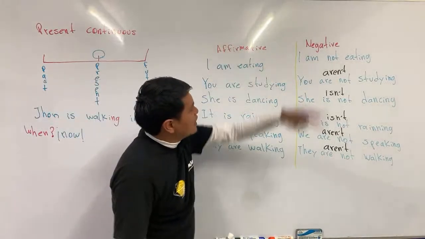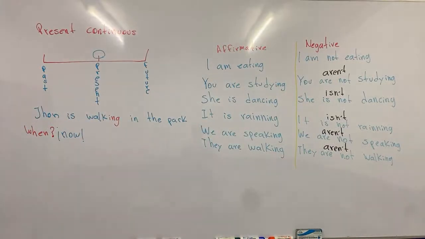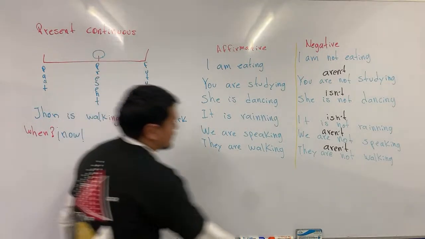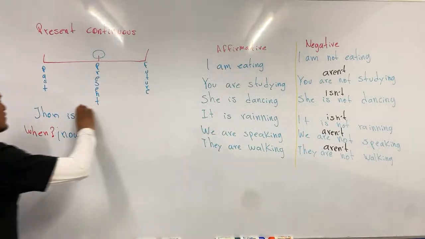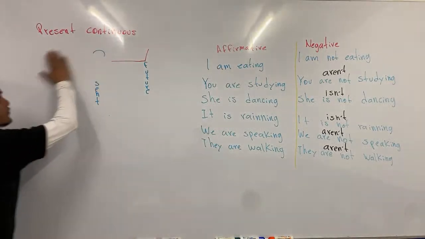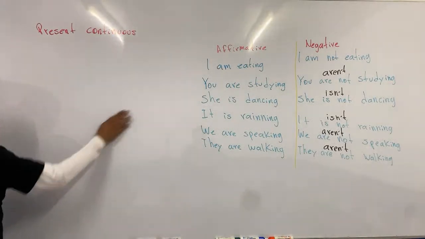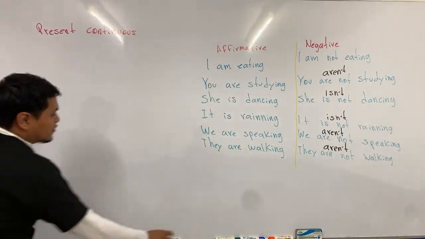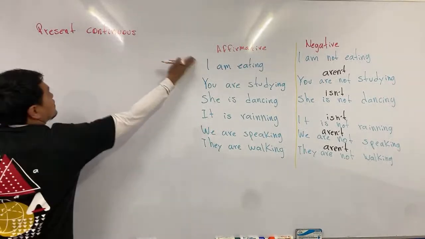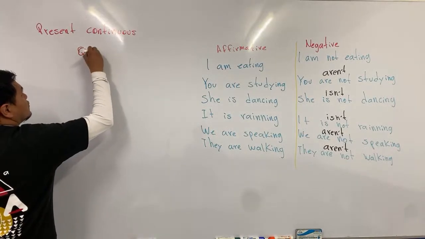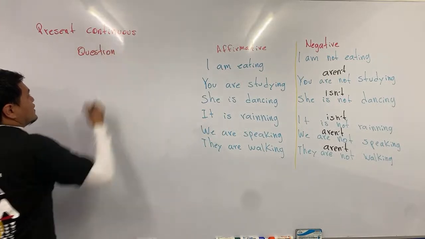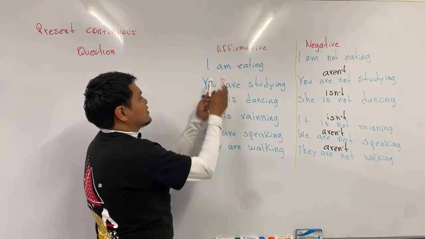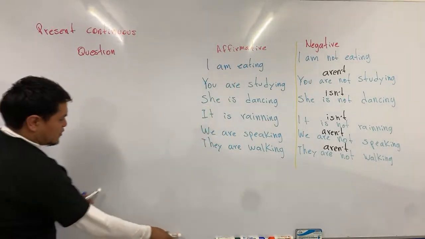This is affirmative, negative, and the interrogative. I'm gonna delete this. Check. For questions, in this case yes/no questions, just switch the words. In that case, we begin with the verb to be.